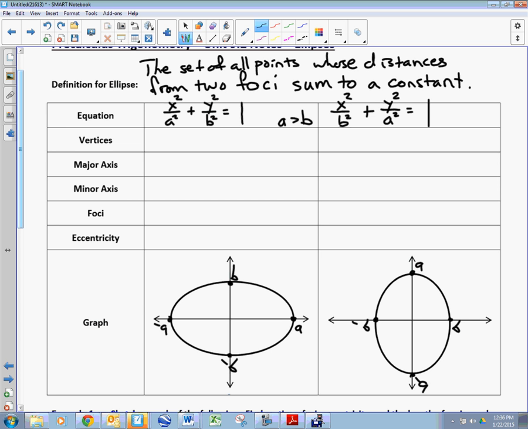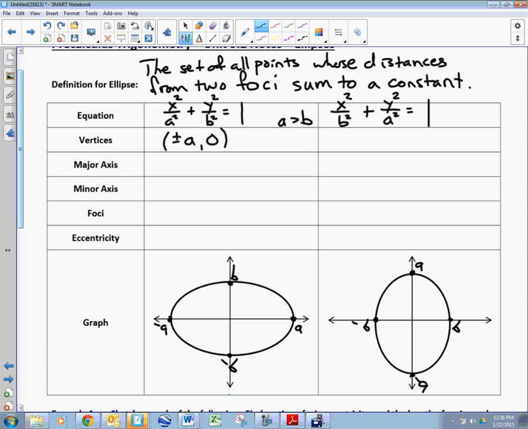Okay, vertices. We say that the vertices are the endpoints of where it's stretched. So what are the endpoints of where it's stretched? Negative a, 0 and positive a, 0, right? So you could just write it plus or minus a, 0.